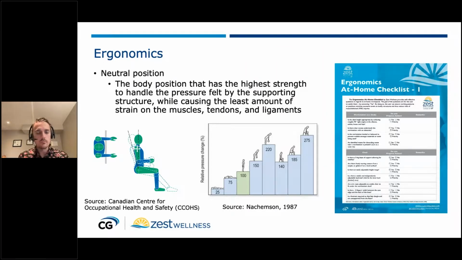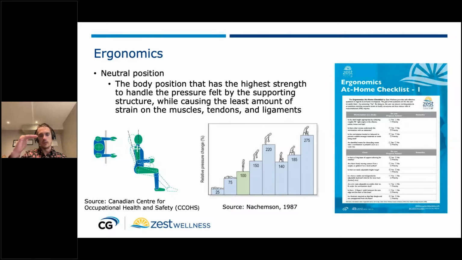And then with the middle image here, you can see that when you're hunched over, how much pressure that can put on the discs within your back. In the middle image, when someone is standing upright, straight up, that is considered the baseline of 100.